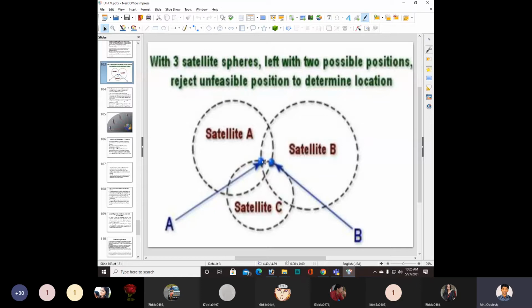This is the diagram, you need to see that. We discussed that we need to calculate only two-dimensional latitude and longitude and track the movement.